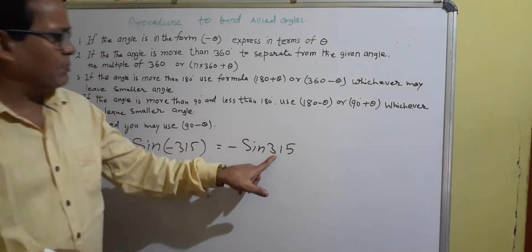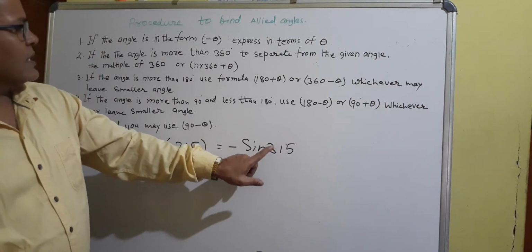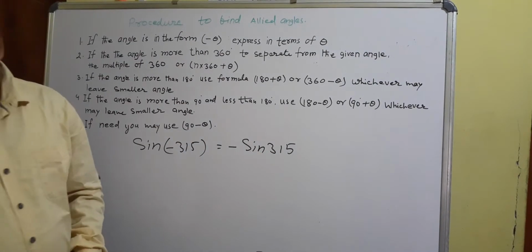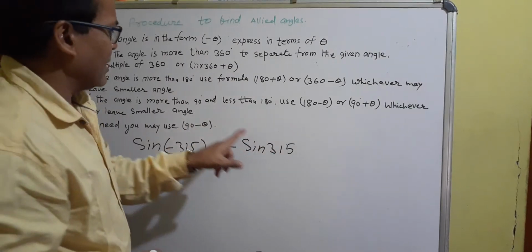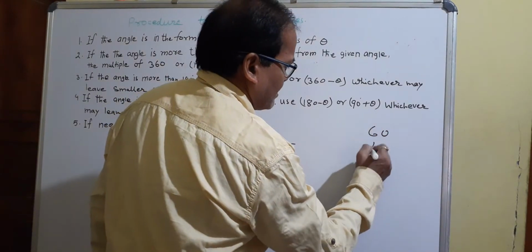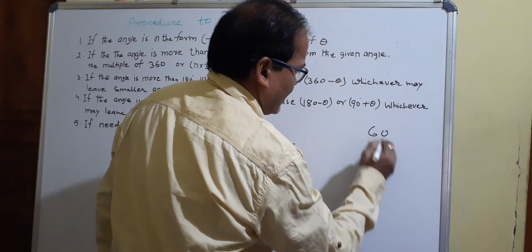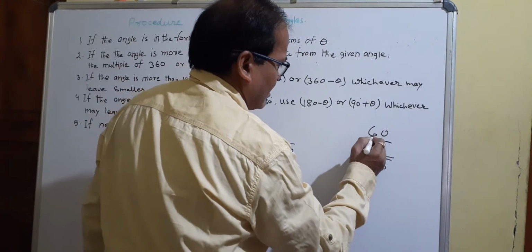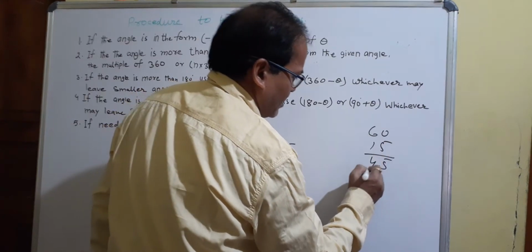Now 315 is less than 360. How much less? 360 minus 315 is 45 degrees.